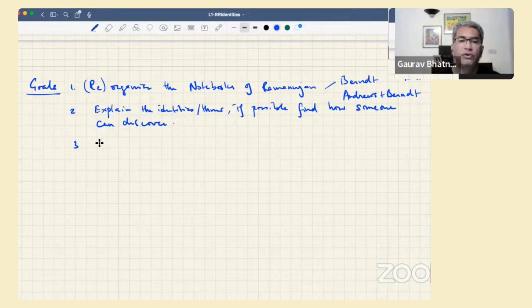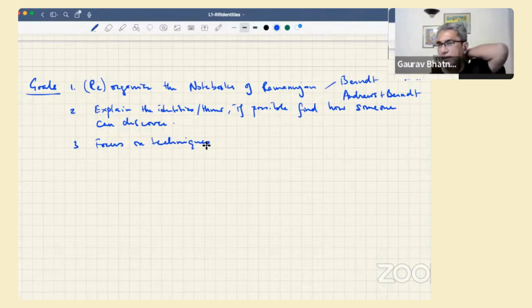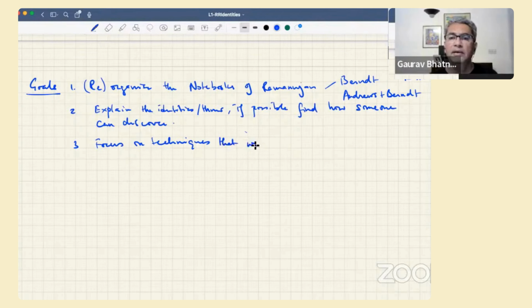We want to focus on techniques which you can potentially use. For example, Euler's approach to factorizing is a technique which is very general, and we'll extend it, and Ramanujan knew it. We'll give an algorithm which you can use yourself to experiment with many series. So focus on techniques that work in many contexts.